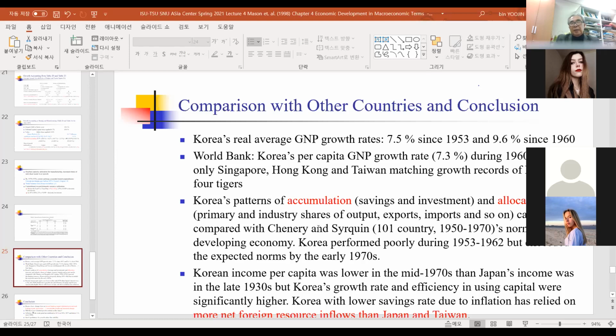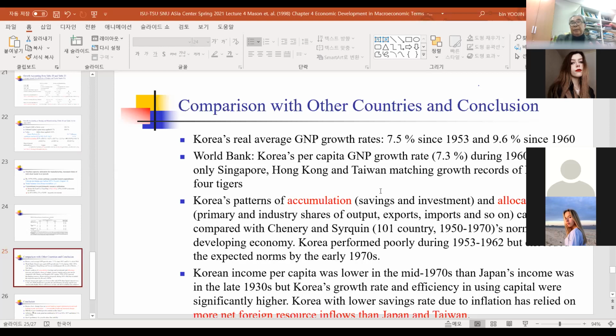But if I have to explain in just verbal terms, suppose they took 101 countries' average growth rate, and Korea performed below average during this period, 1953-1960, but exceeded the expected norms, meaning average, by the early 1970s.